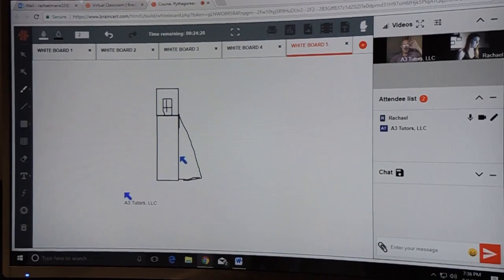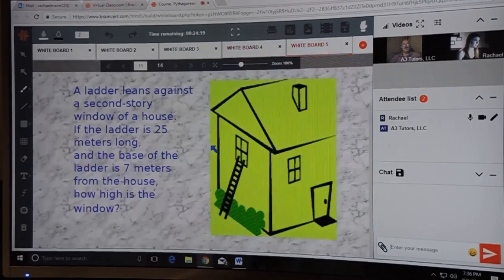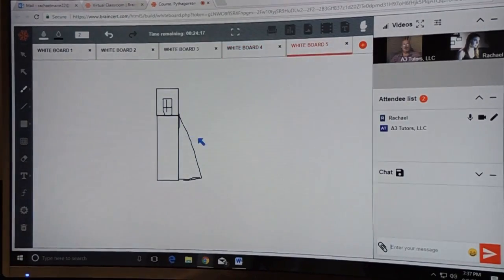Go ahead and put the numbers in, write the formula. I'll label my sides, and then I'll write the formula up here. Okay, good.